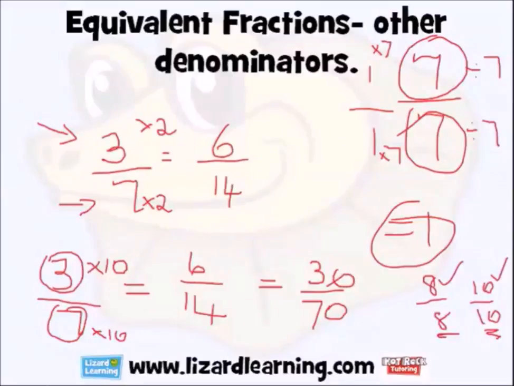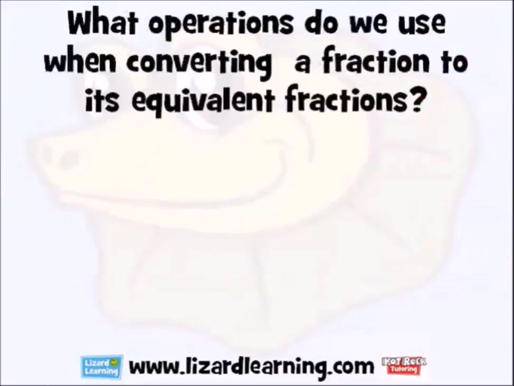Let's just do another quick look. What operations do we use when converting a fraction to its equivalent fractions? We use multiply, or if we want to bring a large fraction to a smaller fraction, we divide. Let's look at something like 8 out of 12.